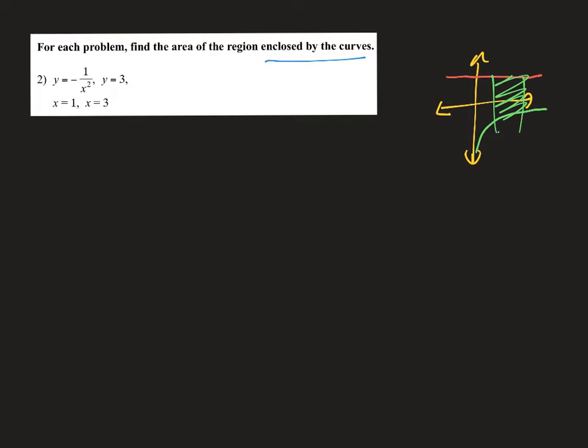So we integrate top minus bottom. So that's going to be the integral of 3 minus the negative 1 over x squared, which is 3 plus 1 over x squared dx. And we're going to compute that from 1 to 3. And because you have your calculator available, you can knock this thing out with the graphing calculator.